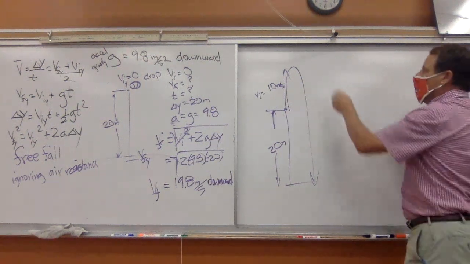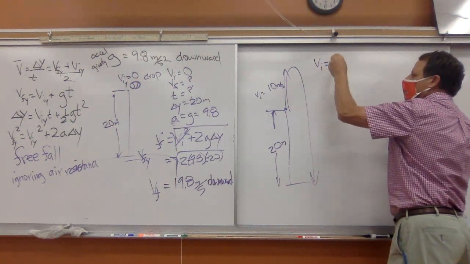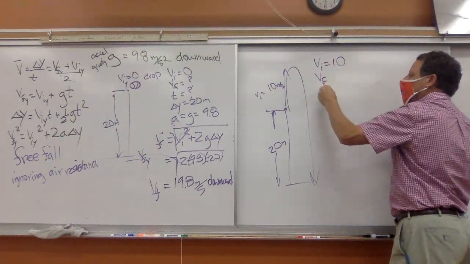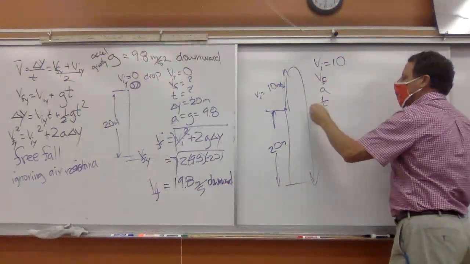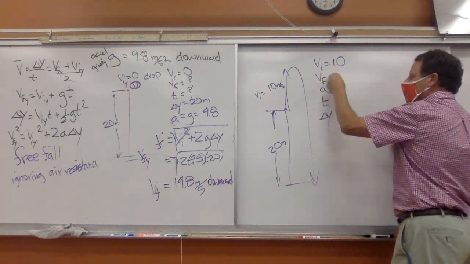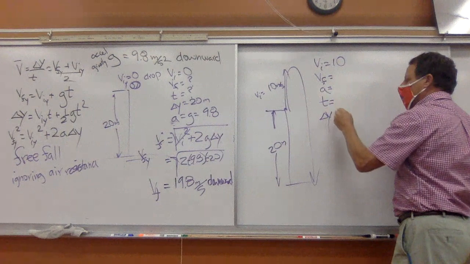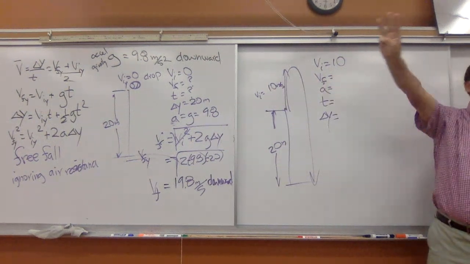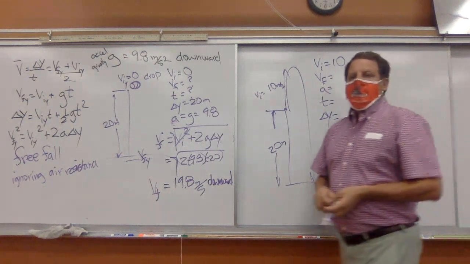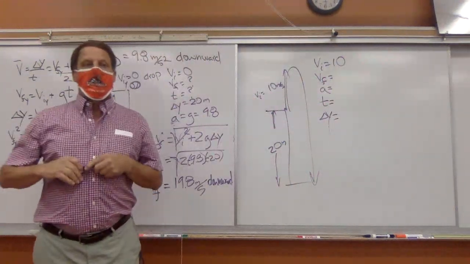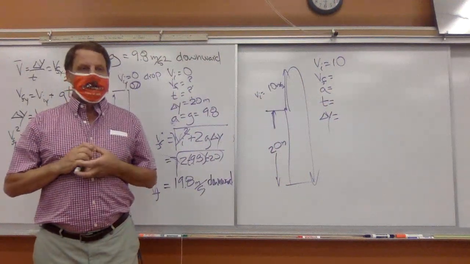Okay, well, what do we know? We know the initial velocity is equal to 10. Now remember, when we're doing these problems here, we need to get three variables, okay? So we know one variable, so what are the other two variables?